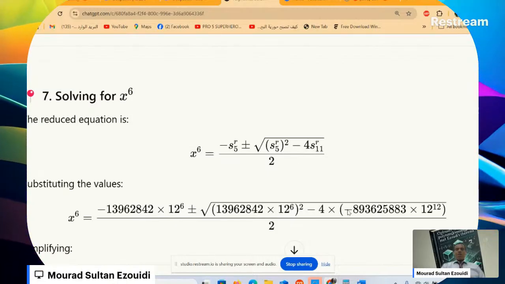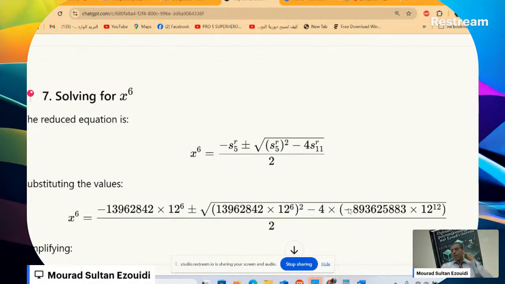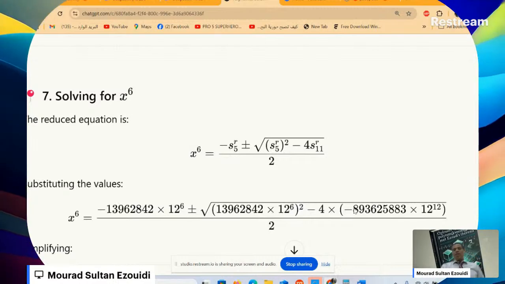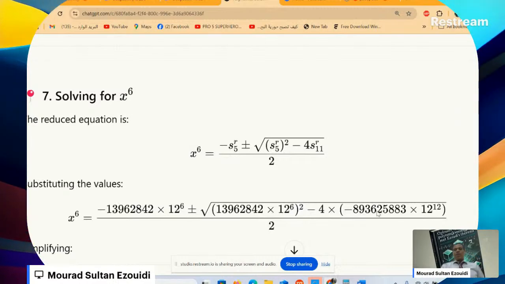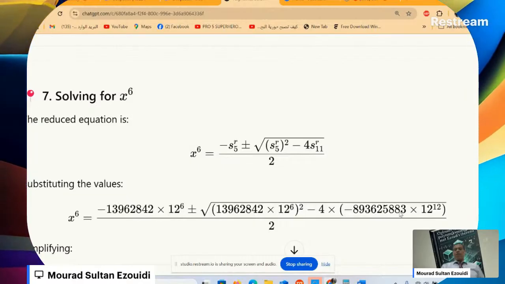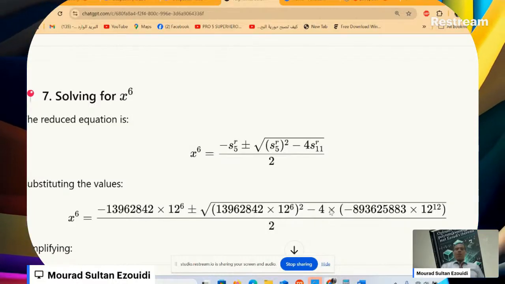We apply this minus 4 times negative 893,625,883 times 12 raised to the power 12, all divided by 2.